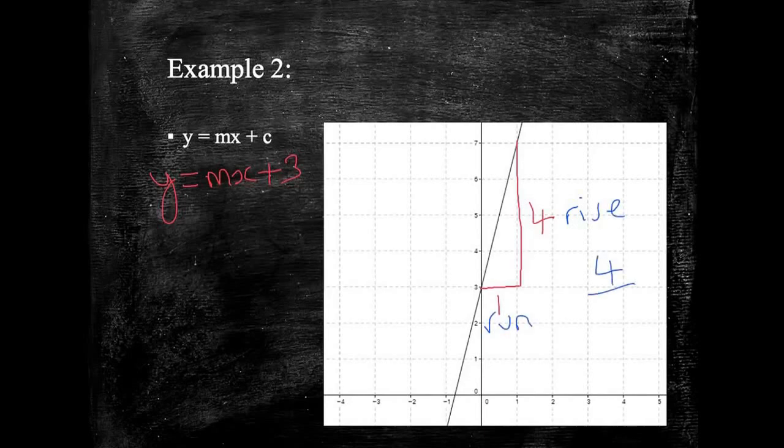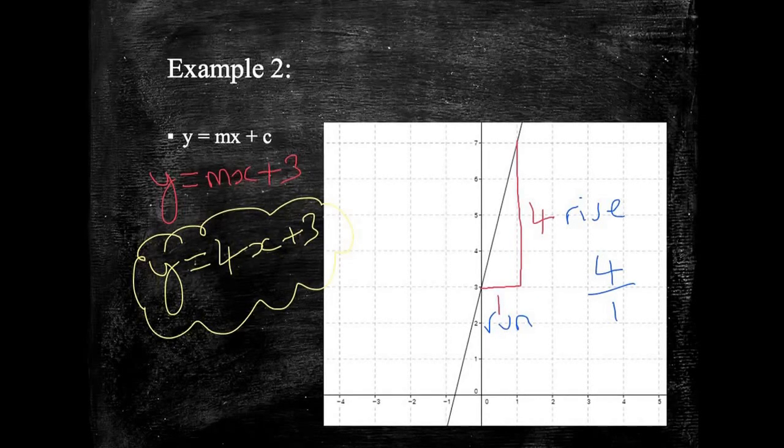So 4 over 1. 4 divided by 1 is just 4. So the gradient of this line is 4. So the final equation of the line is y equals mx plus c, we've worked out that m is 4. So y equals 4x plus 3.